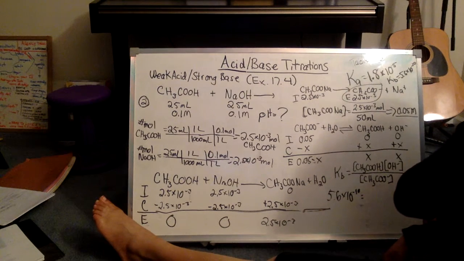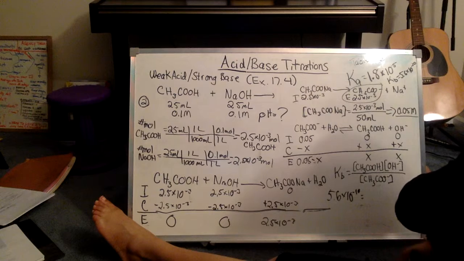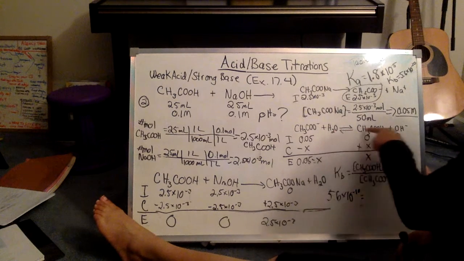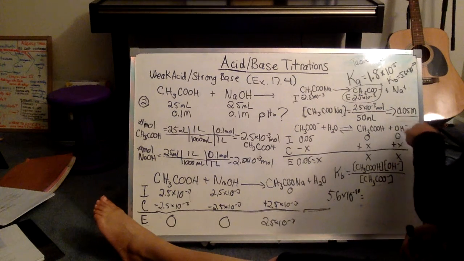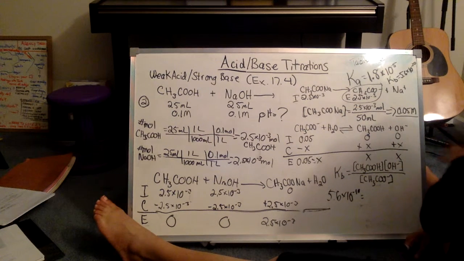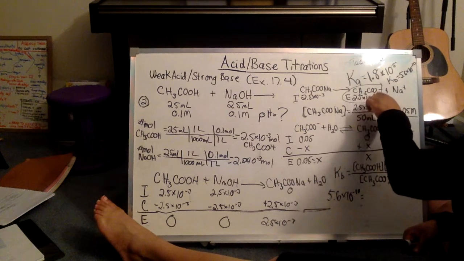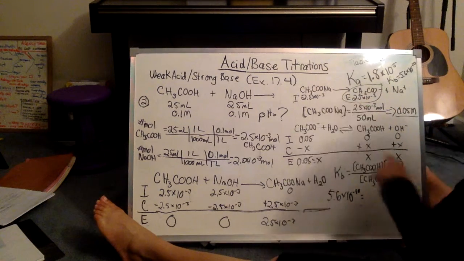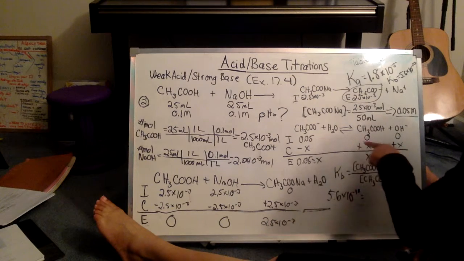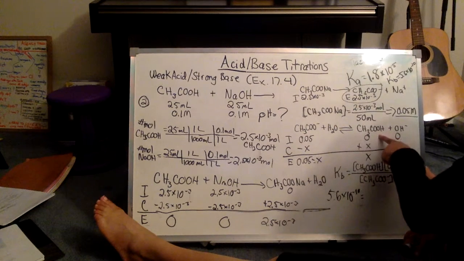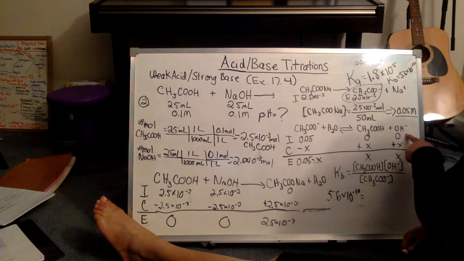And then we realize that we need to write this equation here to solve, because we're trying to figure out the amount of OH, which we could then correlate to H, okay? So we start with conjugate base because conjugate base was formed from the salt that was formed. We add water, and then that gives us the acetic acid and OH.